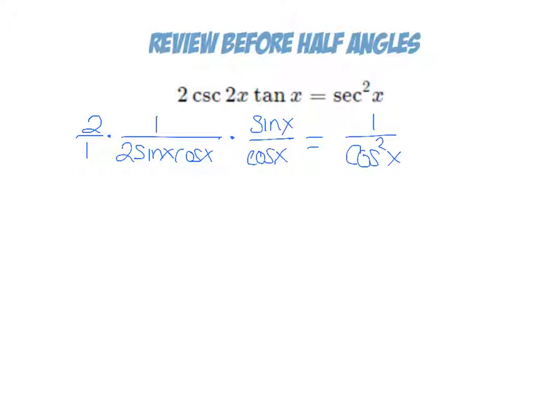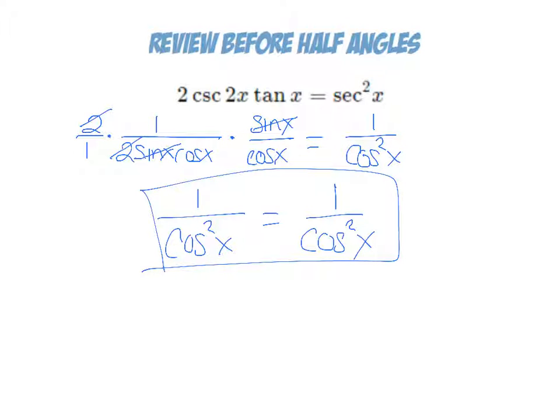Now let's look and see what happens. 2's cancel, sines cancel, and I have a 1 over cosine squared x. I kind of did that all in one step. These look scary to begin with, but there's really not too much to them once you throw that double angle identity out there.